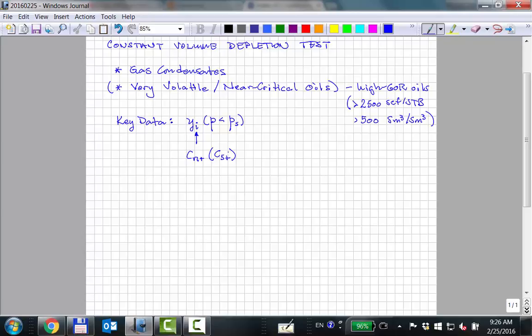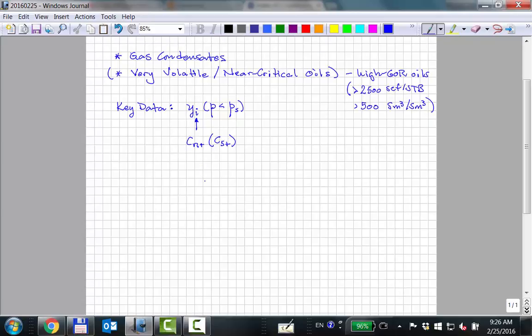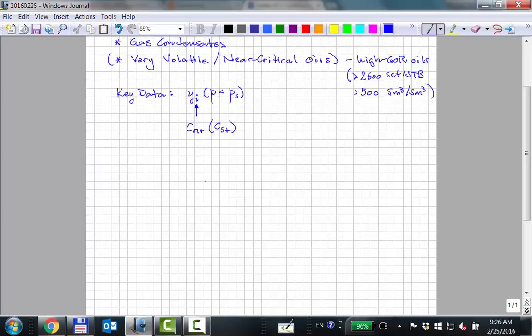So the reason that's important is because the economic value of a gas condensate reservoir will almost always be primarily from the condensate that's sold or the oil that's sold at the surface and not the gas.